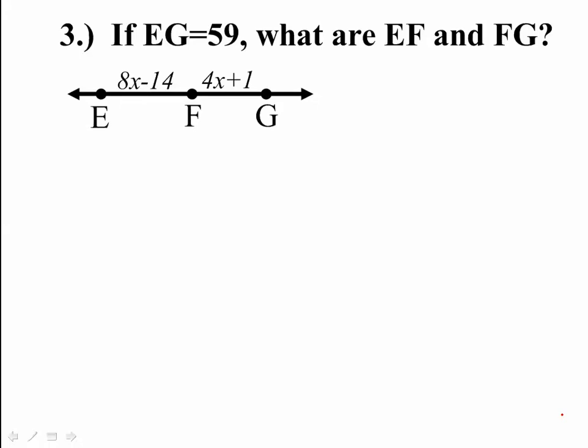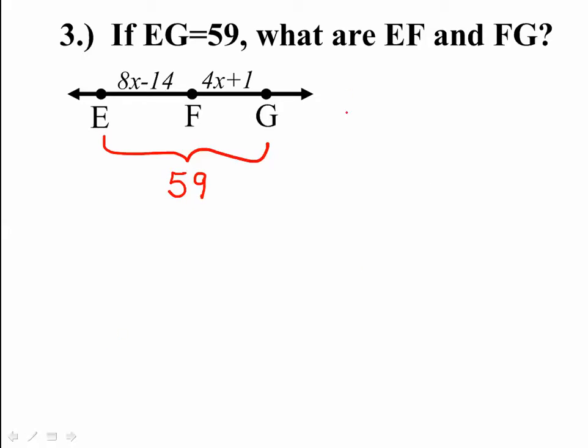Now let's look at how we can apply the segment addition postulate when we have variables involved. In problem 3, the distance from E to G is 59, and we need to find the length of EF and the length of FG. I notice the distance from E to G is simply the length of the two smaller segments put together.